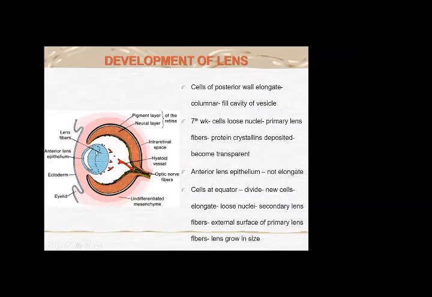Secondary lens fibers also lose their nuclei. So now their further division will not happen. However, they continue to elongate. As the lens grows in size, these cells do elongate and keep stretching with the increase in size of the lens.